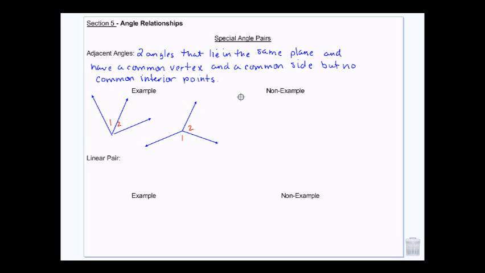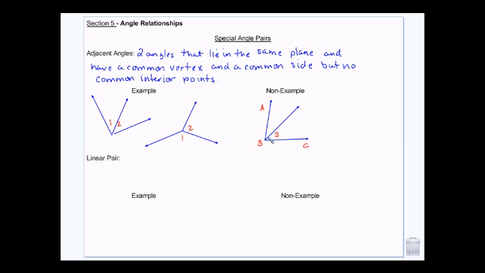Now, things that are not adjacent. If I were to take this angle and this angle and this angle, and it looks similar to number 1 and 2, but let's say I call this angle ABC, and I call this angle 3.